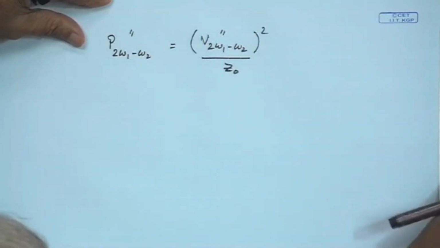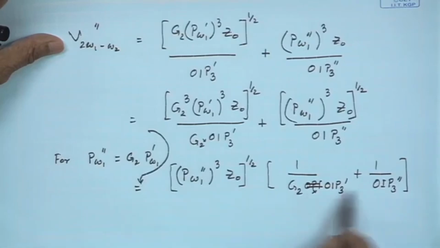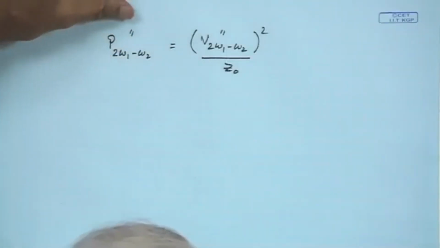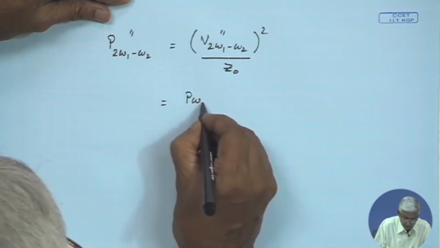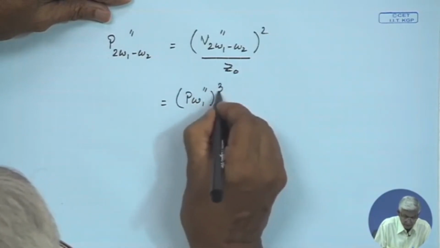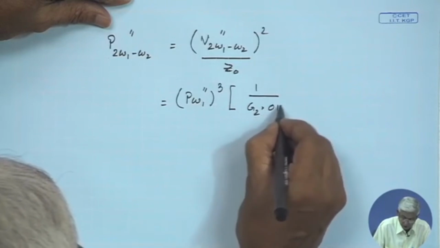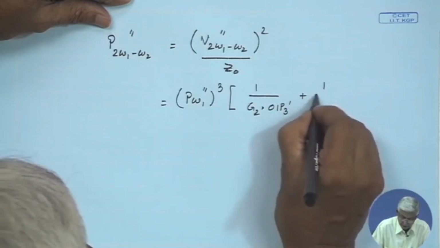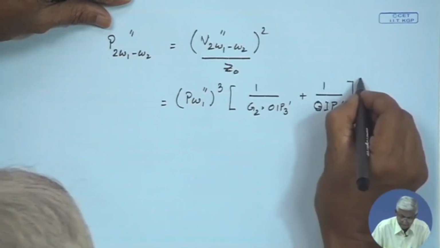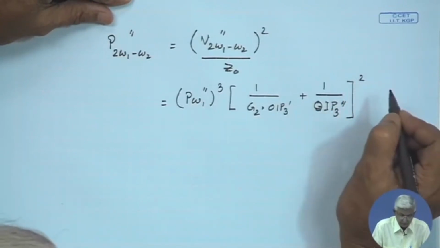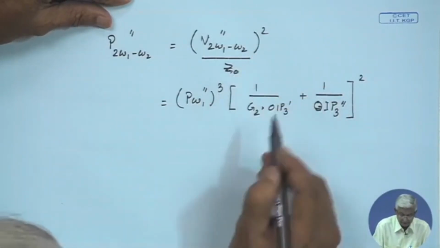So, by replacing this voltage with this term here and squaring it, it comes out to be P omega 1 double prime cube into 1 by G2 OIP3 prime plus 1 by OIP3 double prime, to the power of square of that, and that Z naught gets cancelled. There was a Z naught there, and it gets cancelled.